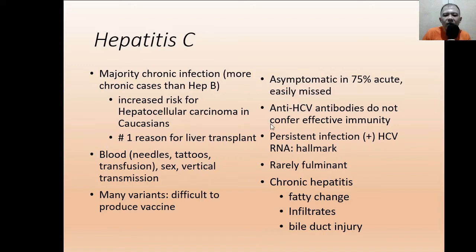And the antibodies do not confer effective immunity, in contrast to hepatitis B. So when you have antibody to the surface antigen in hepatitis B, that means that the patient has already recovered. However, hepatitis C is rarely fulminant.